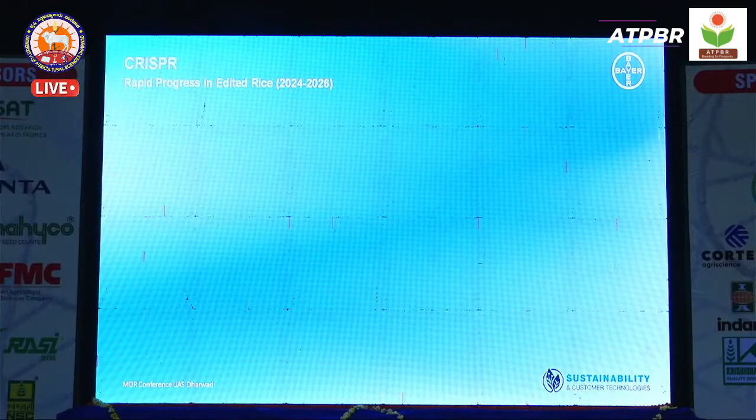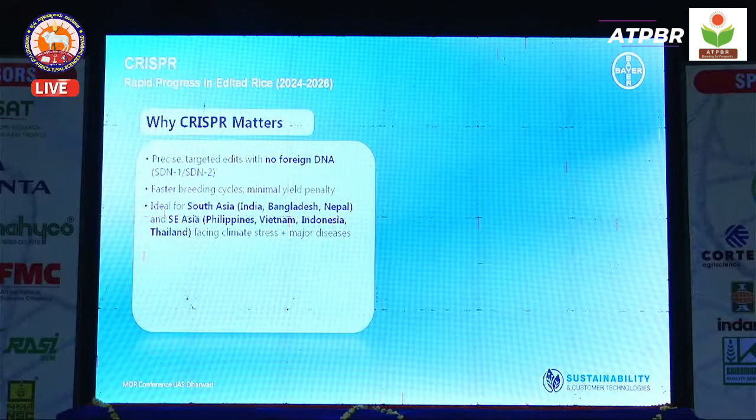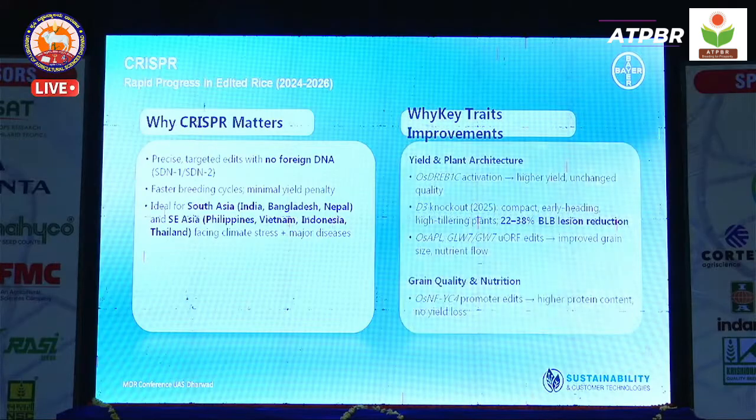On the CRISPR, let's see what the rapid progress is and why CRISPR matters. Because these are precise targeted edits with no foreign DNA, faster breeding cycles, minimal yield penalty, and ideal for South Asia and Southeast Asia. Which key traits are improved?